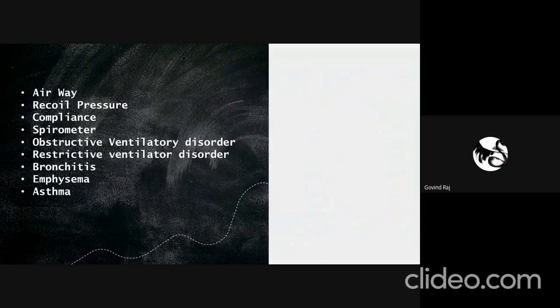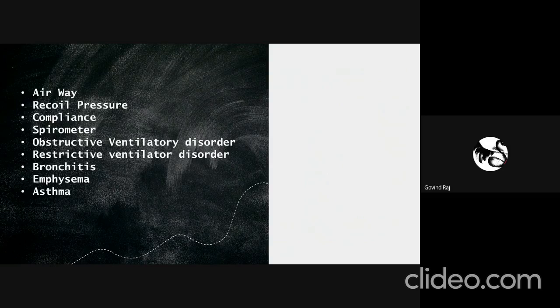Before going on to the topics, let's see where we left off in the previous class. I'll give a small recap on the airway, the respiratory pathway, and we'll look at some basic terminologies related to the disorders, because these terminologies are very important to map out whether one has a specific respiratory disorder by looking at the spirometer data.